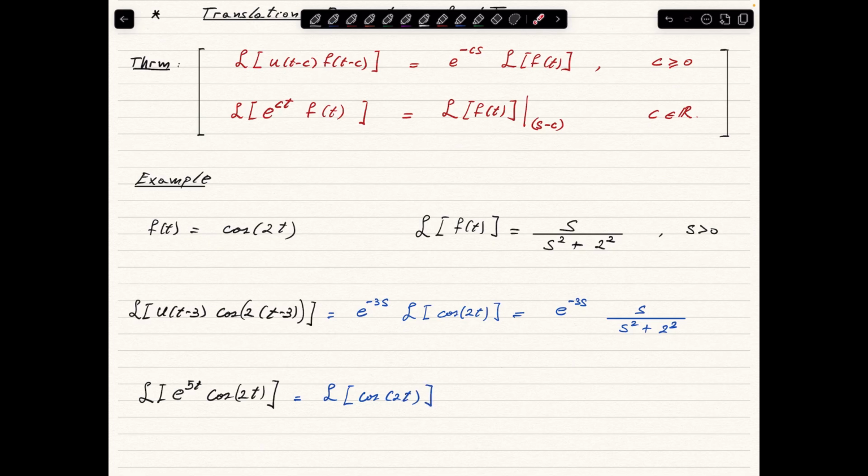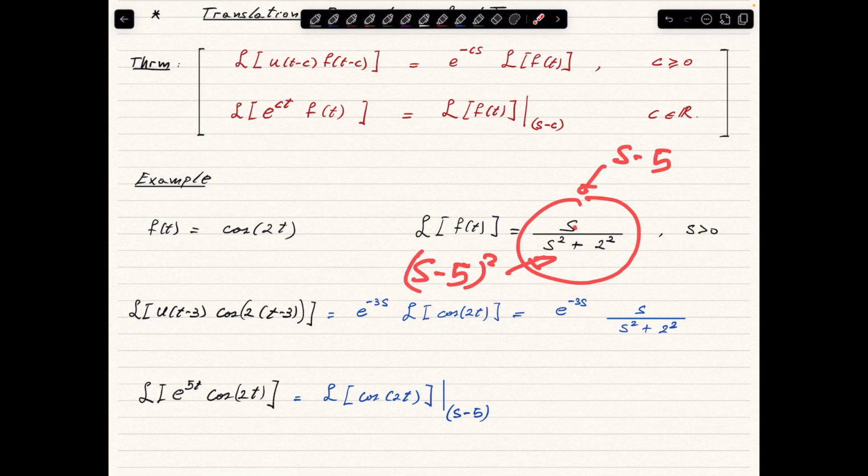We know is this function of s, but now, this notation means we need to evaluate this function of s not at s but at s minus 5, where the 5 comes from this exponential that we have there. So we need to shift this function into s minus 5 everywhere where there is an s. So this is what we mean.